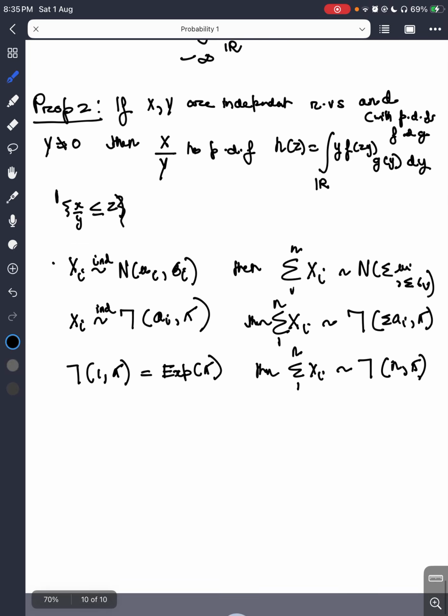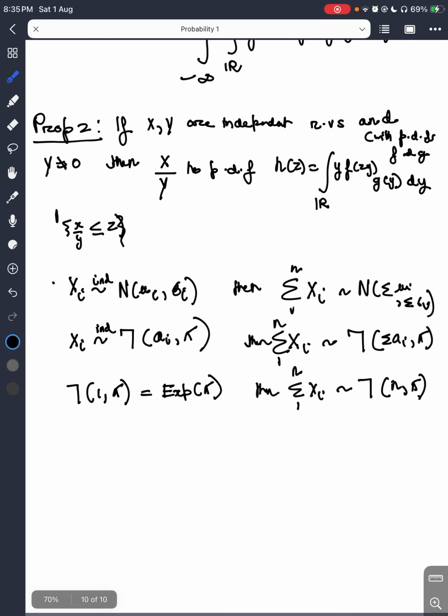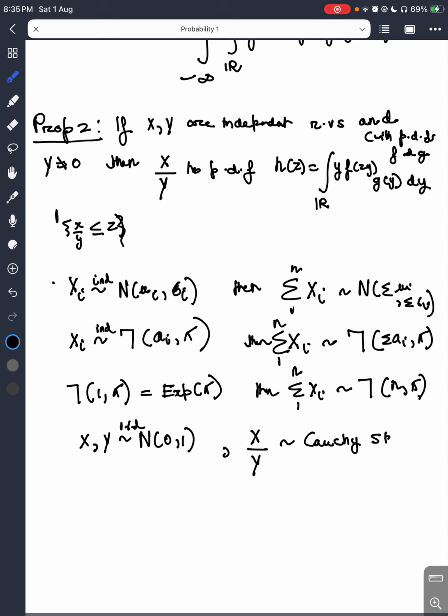Another: if X and Y follow standard normal (0, 1) and are IID, then using our next result, proposition 2, one can show X by Y follows the standard Cauchy distribution. So we have given a recipe to calculate distributions, which sometimes may prove to be very tedious, and there are workarounds in specific cases.